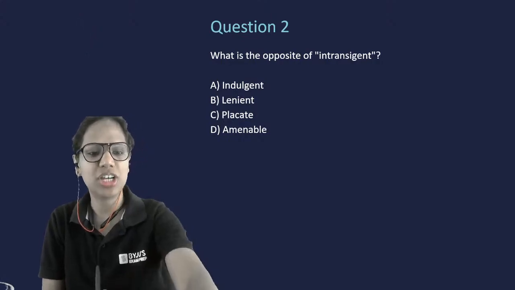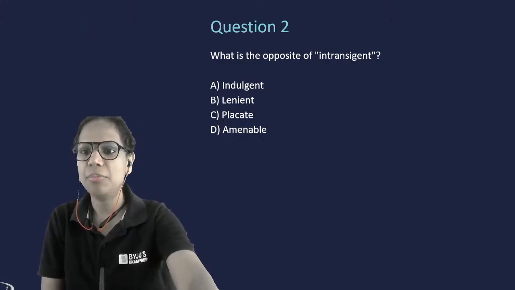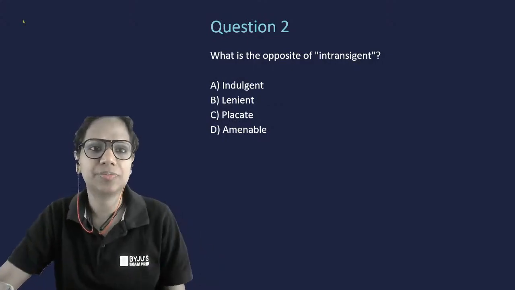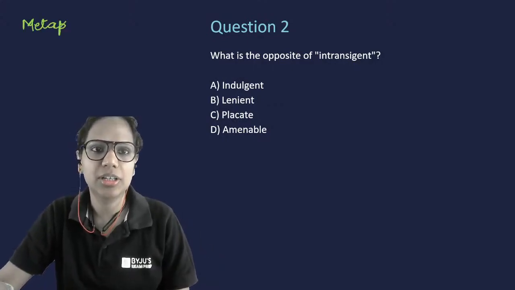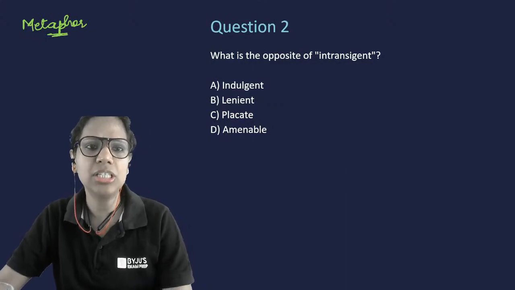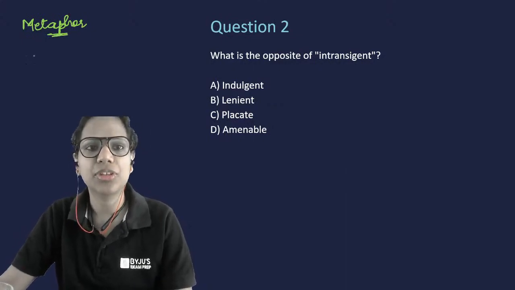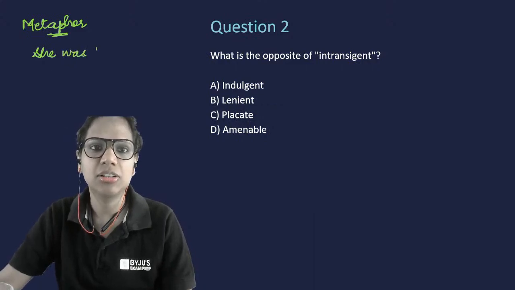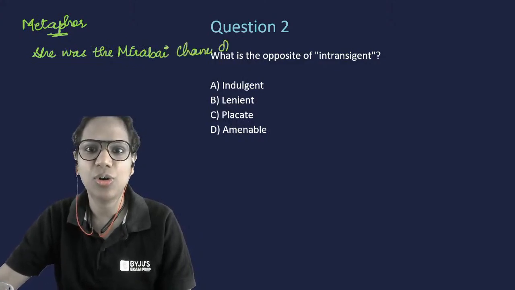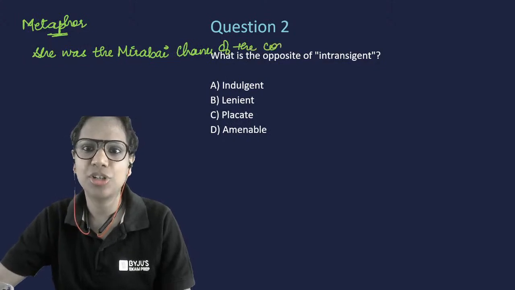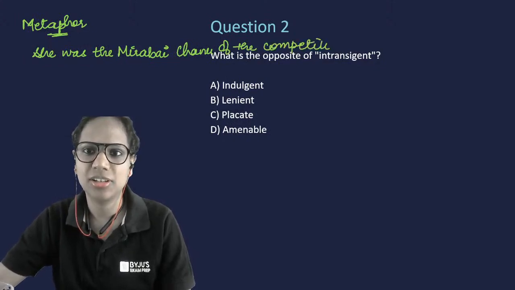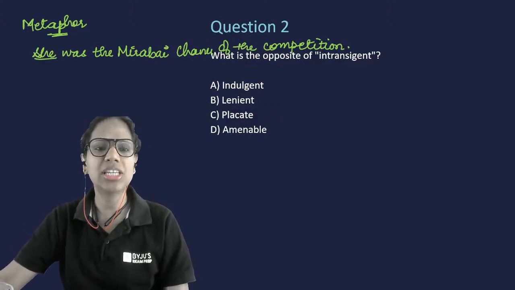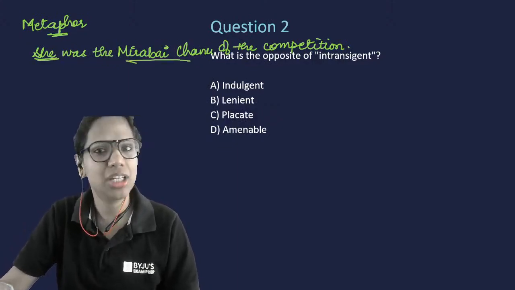The opposite of intransigent. Metaphor, Jatin. Metaphor means, okay. So, for instance, if I say that she was the Mirabai Chanu of the competition. Okay, so I am not saying that she was literally Mirabai Chanu.